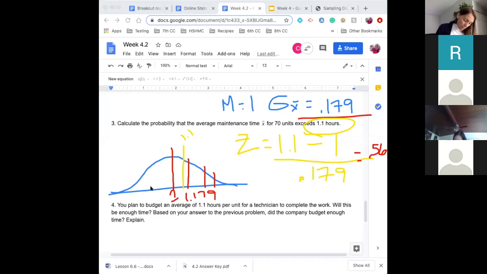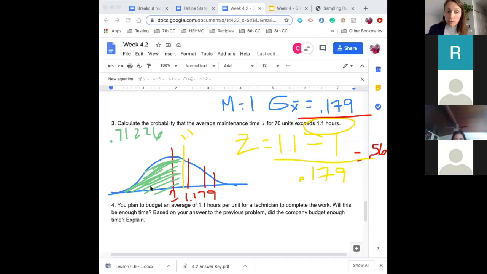But I want to be clear. What this 0.71226 represents is everything below 1.1, right? Is this what I'm looking for? Do I want to know what is below 1.1?